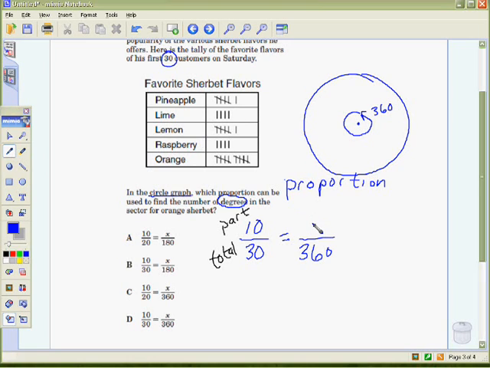The amount of degrees covered by the sector, however big that's going to be, like orange, is going to look like a piece of pie. Then I'm going to have this part, the sector of the entire circle, on top. So part, total, and the answer is going to be D.